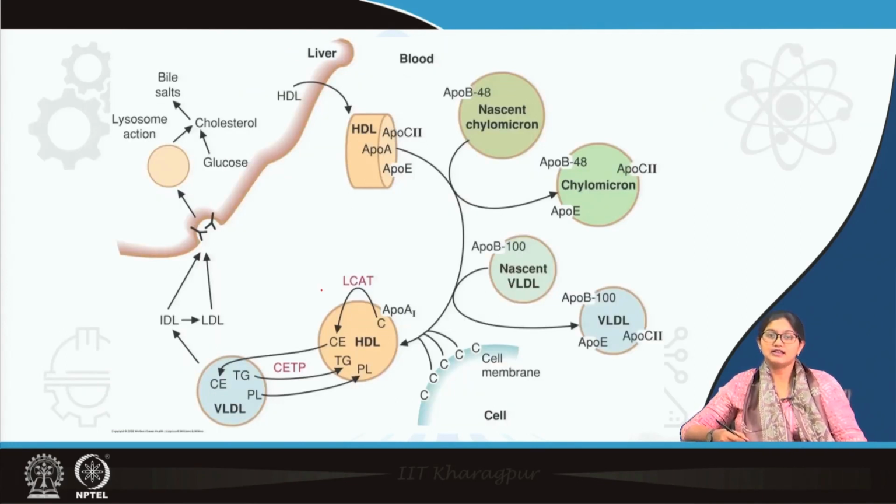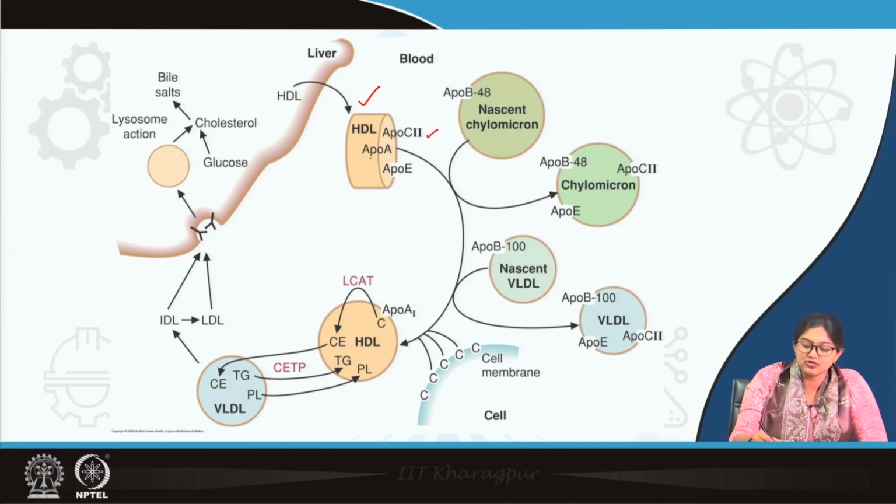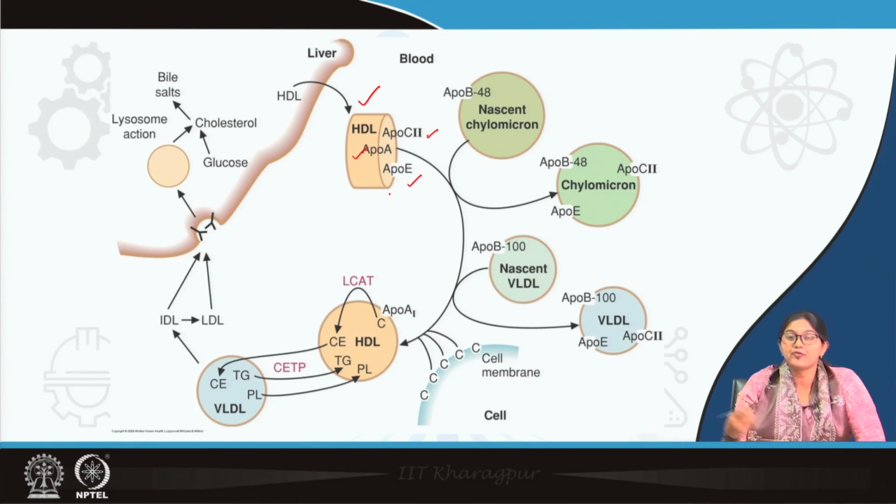So, you can see this is how the HDL functions. HDL is synthesized from liver containing ApoC2 and ApoE, and these apoproteins are donated for maturation of nascent chylomicron and nascent VLDL. Then it also uptakes cholesterol from the peripheral extrahepatic tissues.